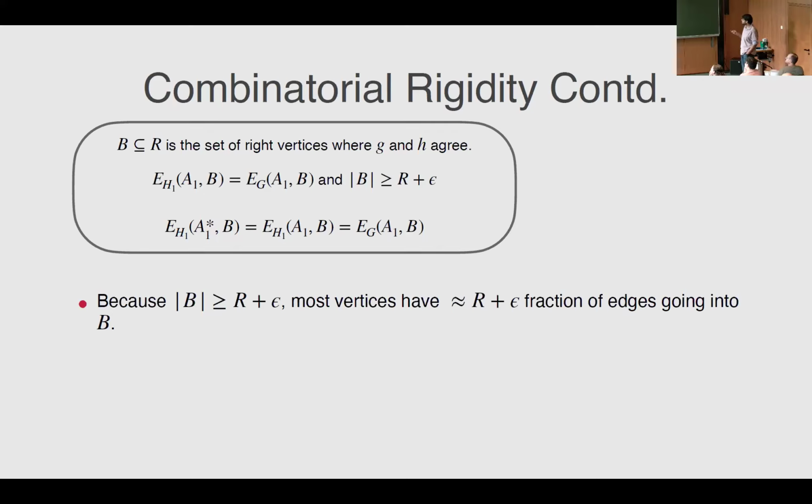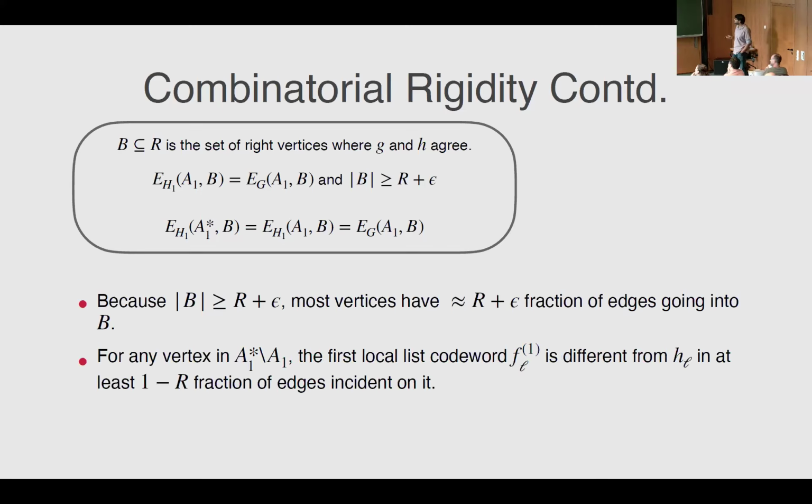So recall that B is at least R plus epsilon, which means that most left vertices will have roughly R plus epsilon fraction of edges going into B. That's again sampler property. It's an expander, so you expect the right number of edges in each neighborhood to go into that B. But for any vertex in A1 star that is not in A1, the local list code word is different from HL. That's the whole point why it is not in A1.